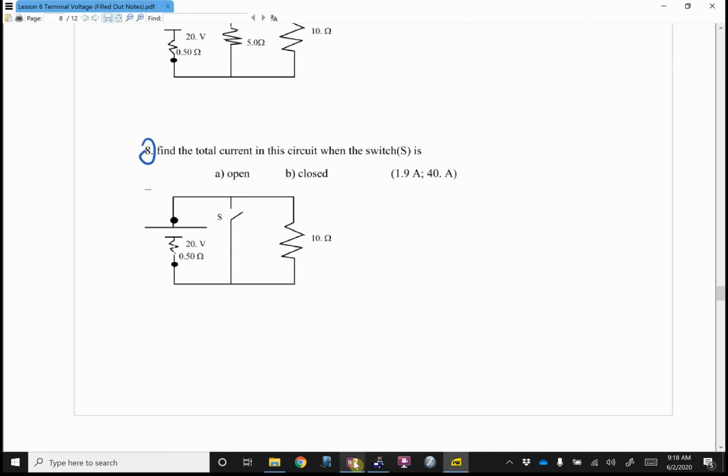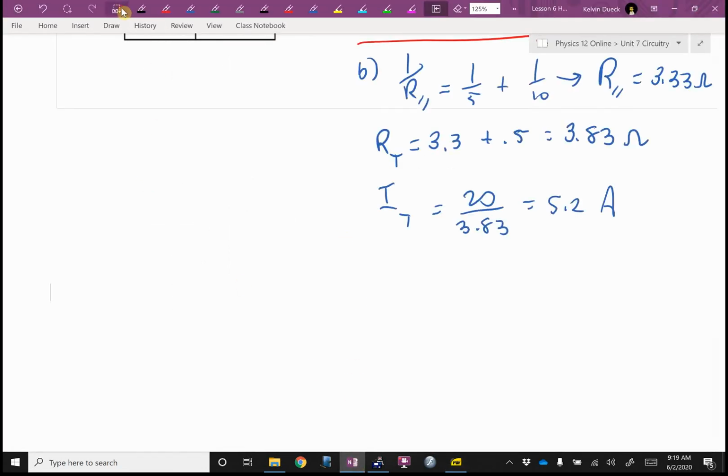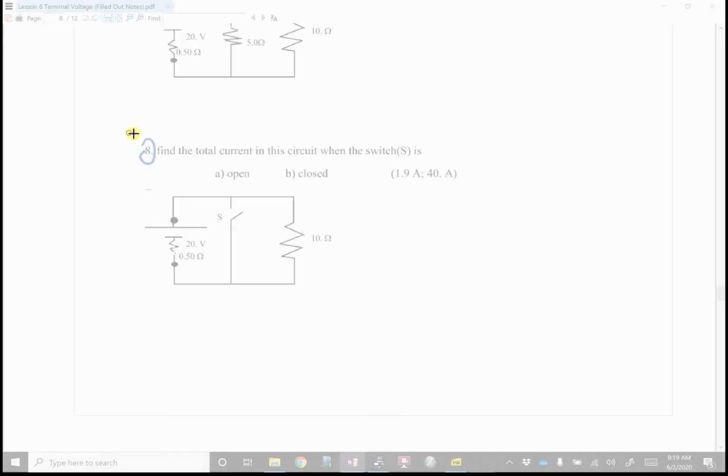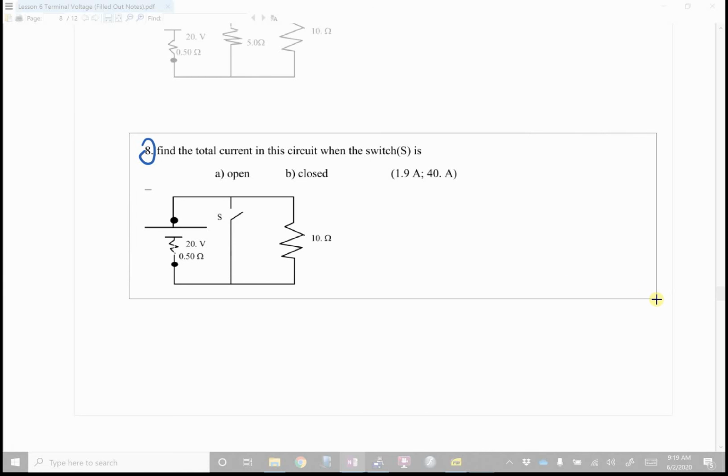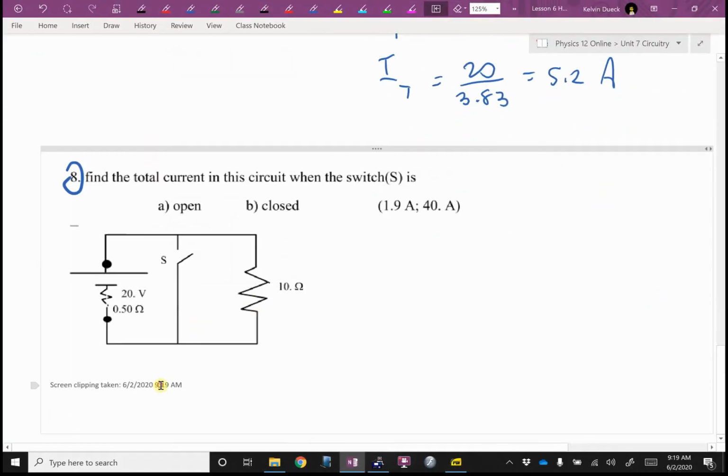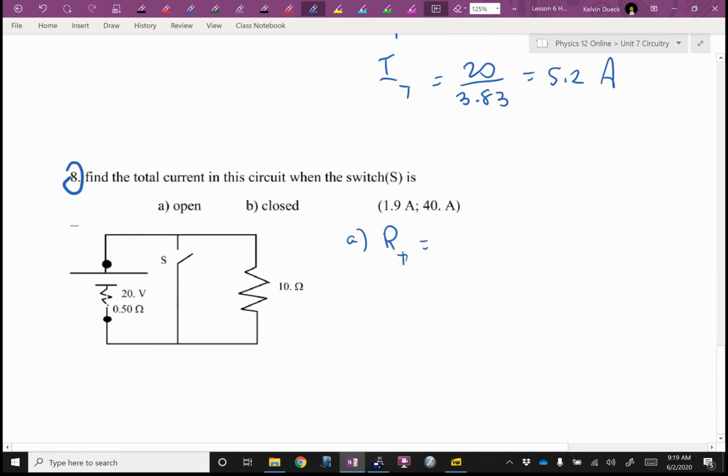Number 8. Very, very similar question. So when we're open, our total is just going to be 10 plus 5.5 is 10.5.